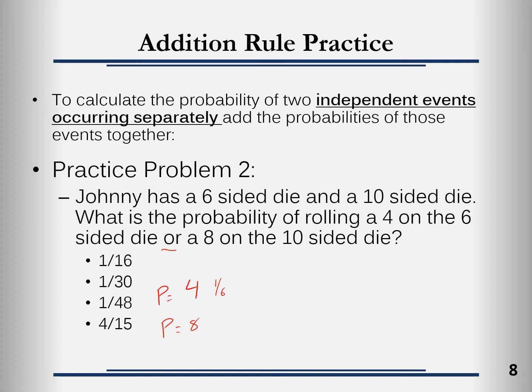The probability of rolling an 8 is 1/10. So since I have used the word "or," I am going to meet my criteria whether I roll a 4 on the six-sided die or I roll an 8 on the 10-sided die. So then what I need to do is add these two probabilities together.